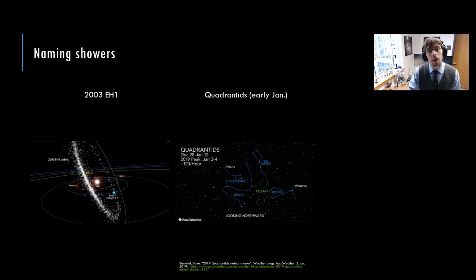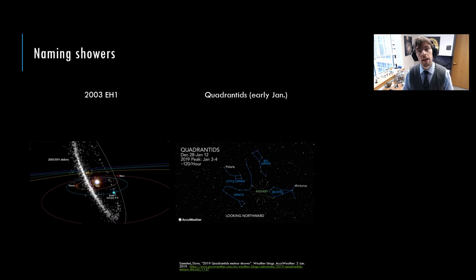Now, the Quadrans Muralis was a constellation proposed by a French astronomer roughly around 1800, so the turn of the 19th century. When the constellation boundaries were formally introduced, the Quadrans Muralis went by the wayside. It's no longer in use.